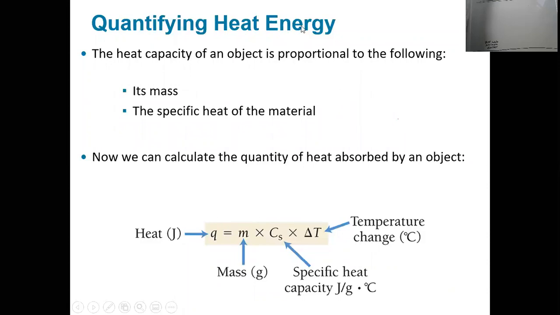And you guys will hear it a lot as Q equals MCAT, okay? That is mass times specific heat capacity times delta T, which is our temperature change. And just like every delta, that means final temperature minus initial temperature.